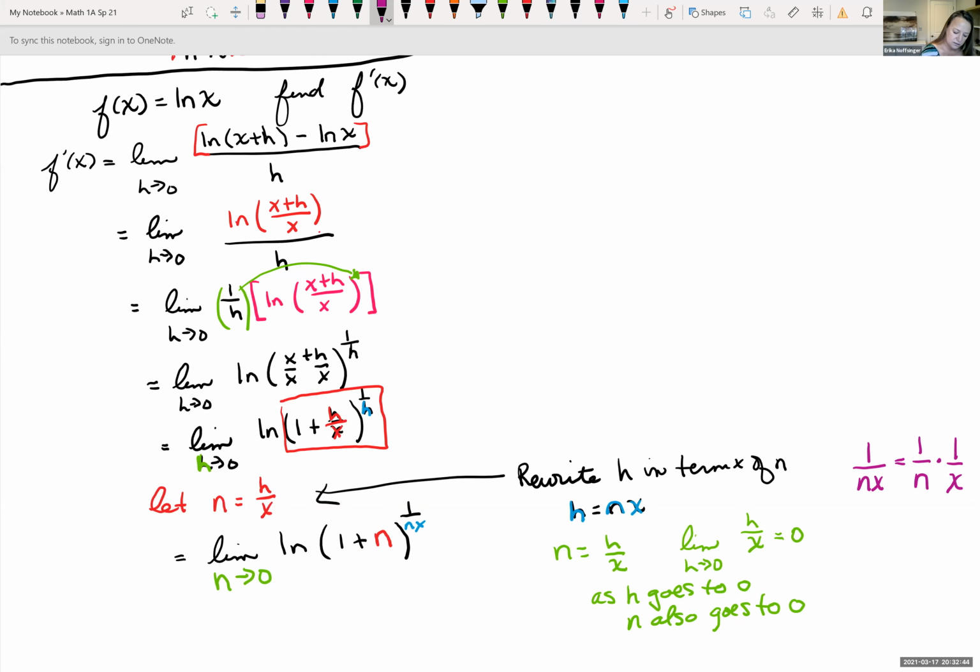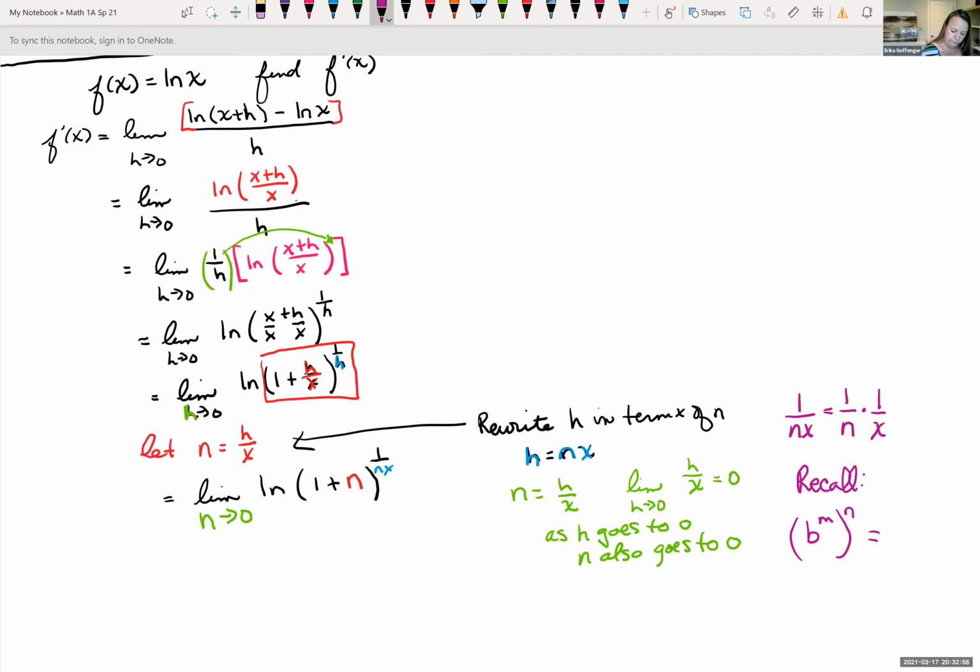And recall rules of exponents. So let's bring out that 1 over x and bring it up to the power.